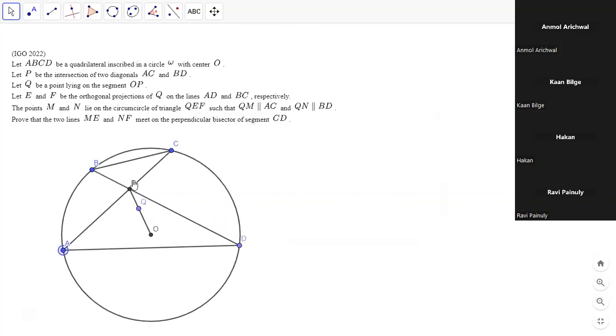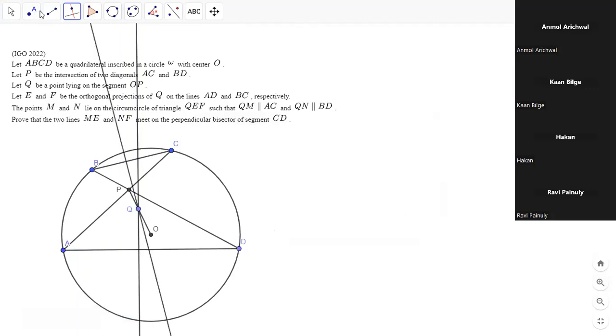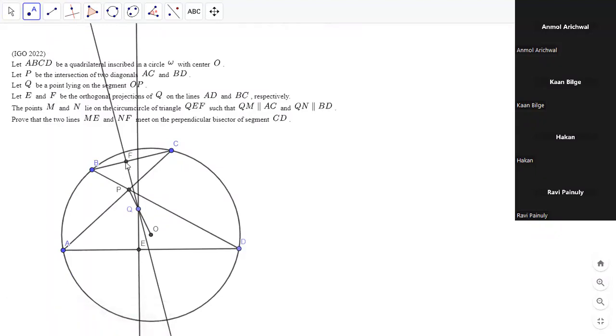Okay, so we drop a perpendicular from Q to AD and BC. And that's E and F. And those points should already be E and F, so I don't have to change the name.